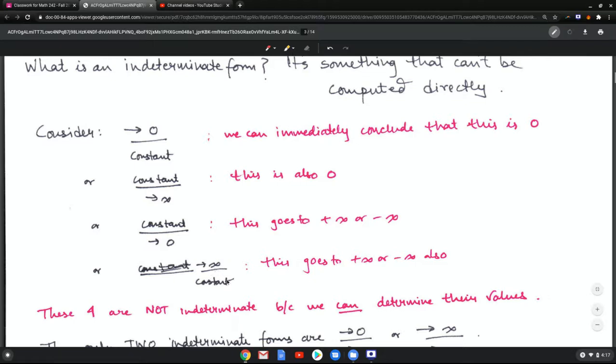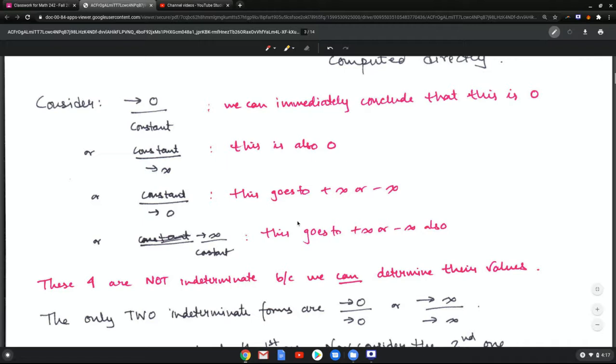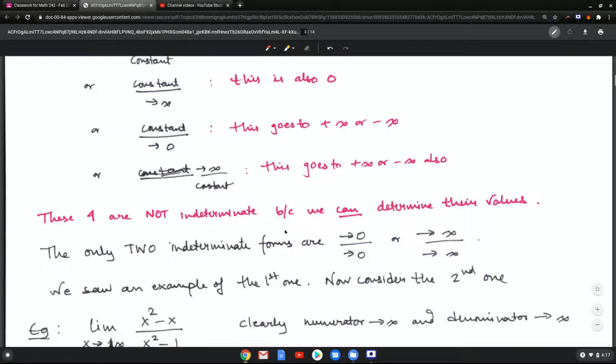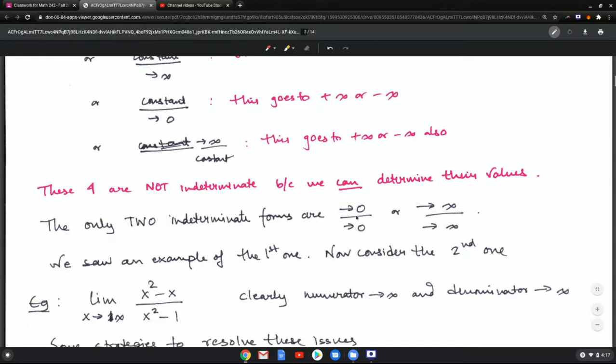Something going to infinity divided by a constant goes to infinity, and so on. These are not indeterminate forms because if you think about it a little bit, you can assign values. The two basic indeterminate forms are something really small divided by something really small, or something really large divided by something really large. That is, approaching zero over zero, and approaching infinity over infinity.